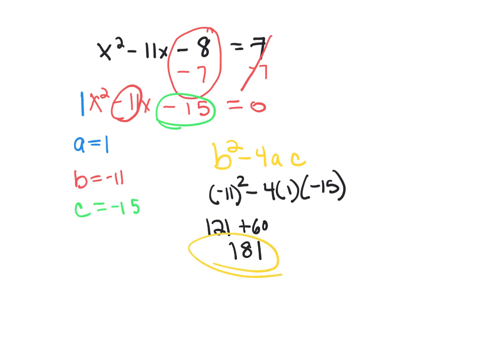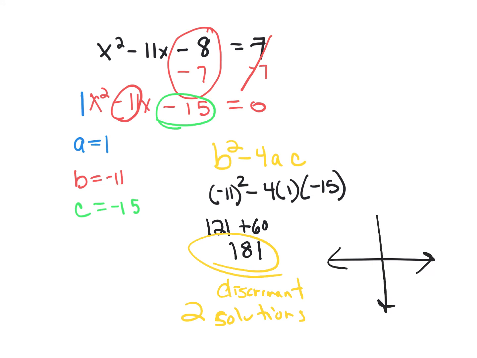Now, a positive discriminant tells us we need to keep going to the next step of the quadratic formula. Why? Because there are 2 solutions to this problem. And we would move on to the next step of the quadratic formula to find out exactly where those 2 solutions are located.